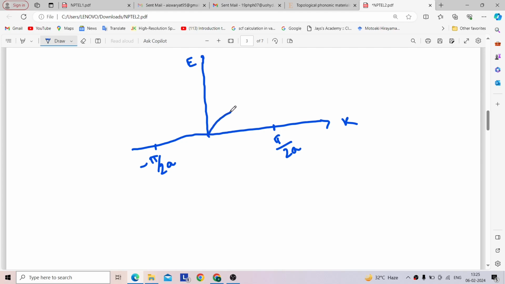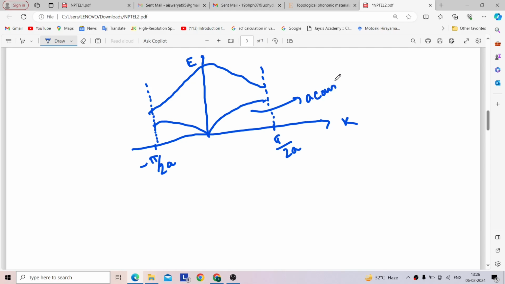It will be like this type. It will come like that, and then from here it will be like that. So you can see this is the boundary of the first Brillouin zone, and again this is also the boundary of the first Brillouin zone. So now what does this explain? This is nothing but acoustical mode, and this is optical.